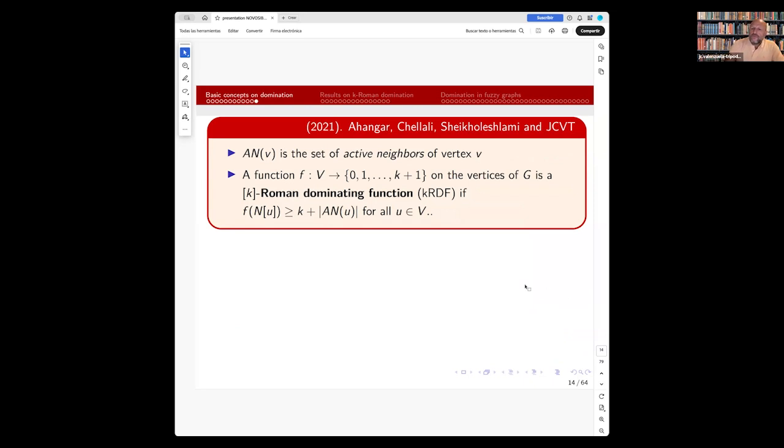Formally, we can translate this situation by requiring that the function that labels the vertices with labels 0, 1, up to k plus 1 must verify this condition here: the value of the sum of the labels of the closed neighborhood of a vertex must be at least k plus the cardinality of the active neighbors of the vertex.